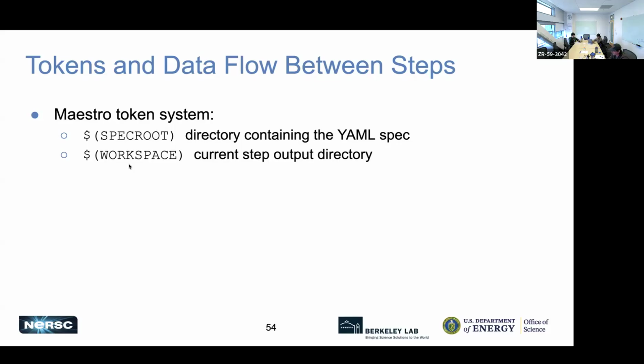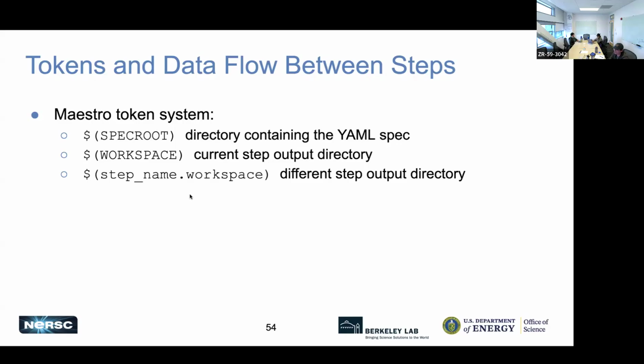Workspace refers to the output directory for a particular run step. So that is how you're keeping your outputs organized for a particular piece of computation inside your node graph. If you are in a particular step and you need to refer to a location that belongs to a different step, then you use the step name.workspace notation.